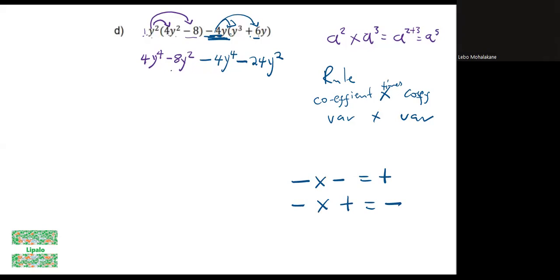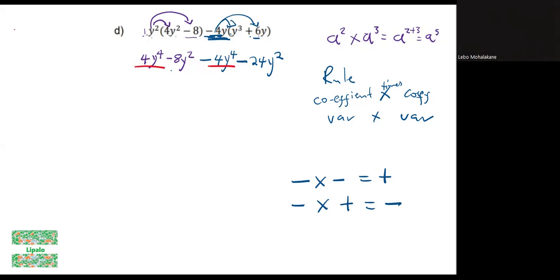Then I look for like terms. That's the second step. Do I have any like terms? Do I have terms that have the same variable, same exponents? If I look at this, I can see that 4y exponent 4 is the same. It's like negative 4y exponent 4. So what do I have here? I'm adding or subtracting like terms. I focus on the coefficient. 4 minus 4. The answer is 0.